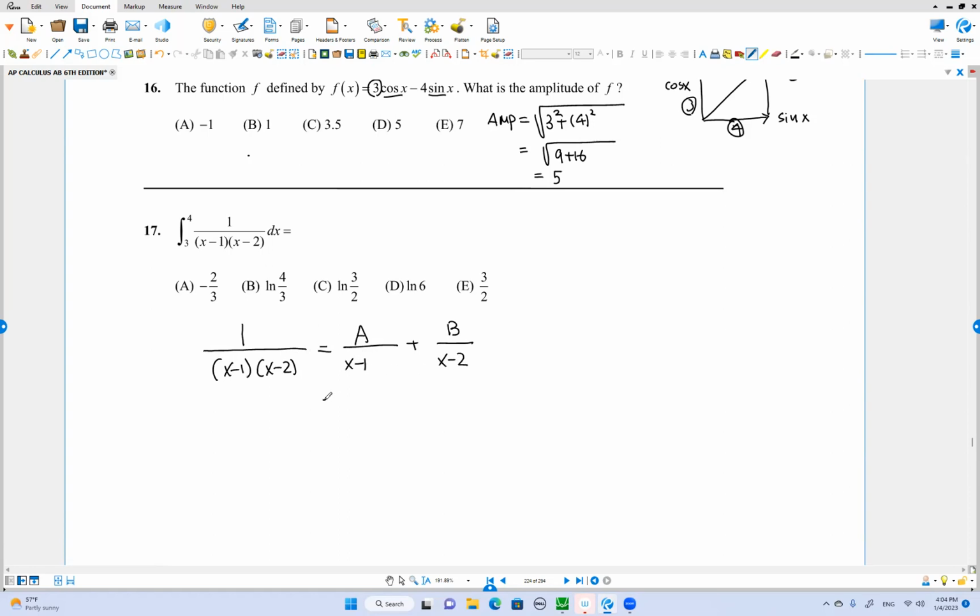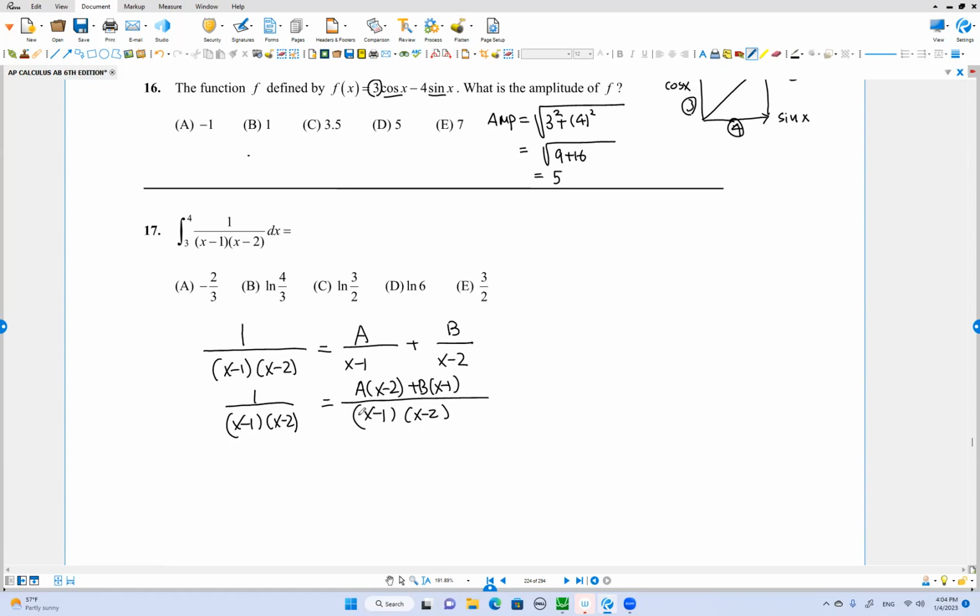Now simplify this first. The common denominator is x minus 1, x minus 2. We multiply x minus 2 to the A, and x minus 1 to the B. That equals 1 over x minus 1, x minus 2.